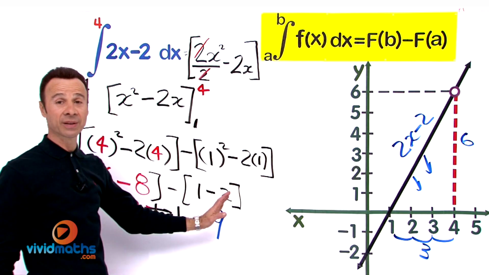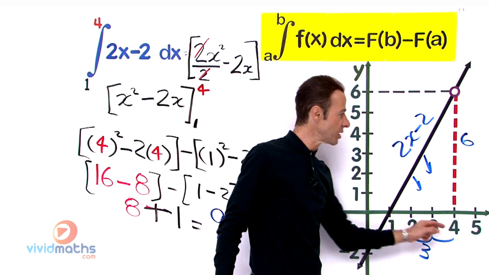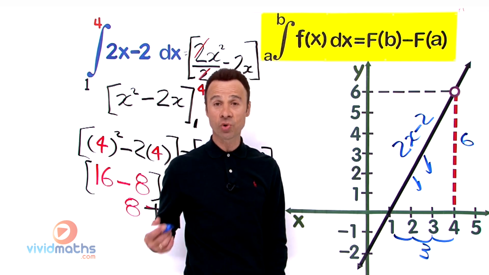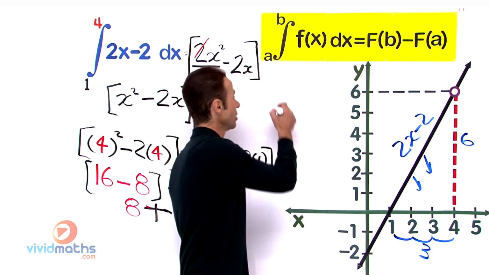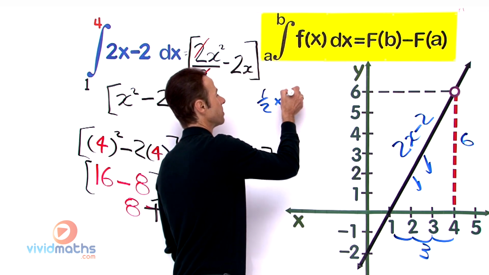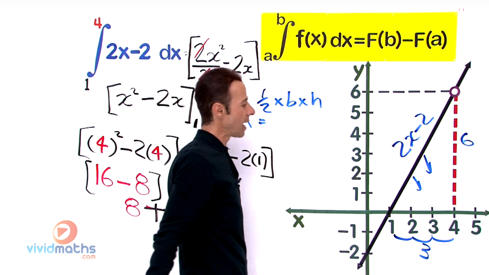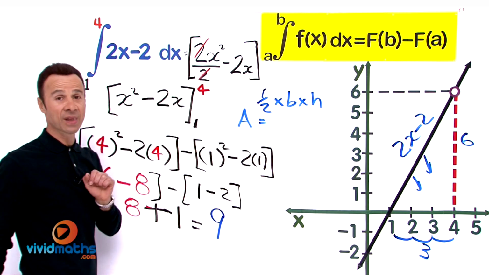That's what we just worked out. Let's have a closer look. If 3 is across here and 6 is the height, we can work out the area using the triangle formula, half base times height, since it is a right angle triangle. Again, I'll just remind you of 2x minus 2, that's the line.